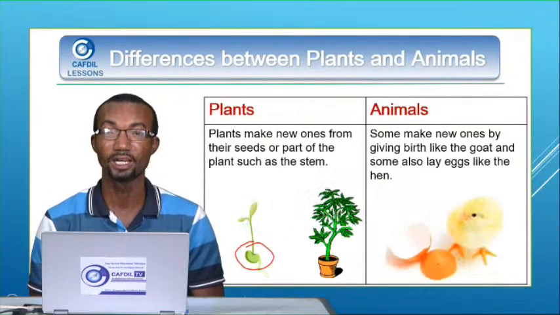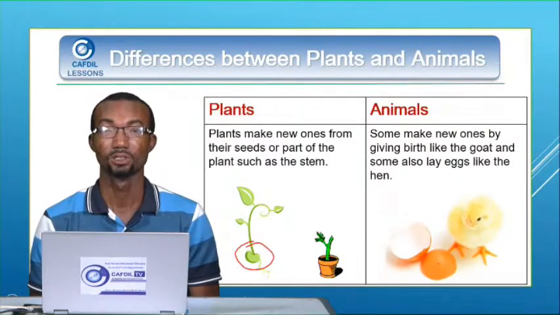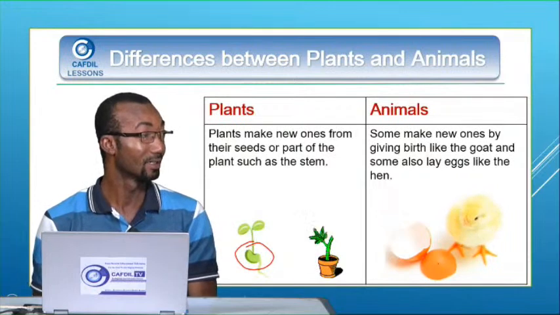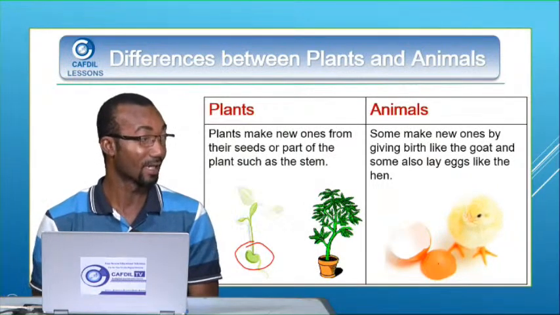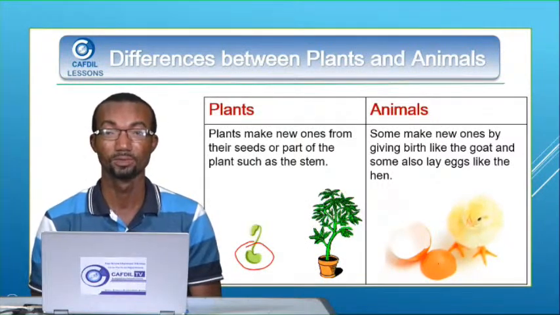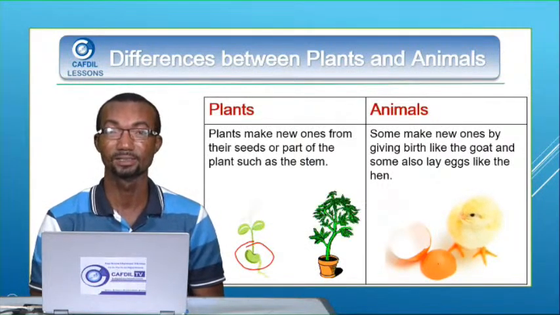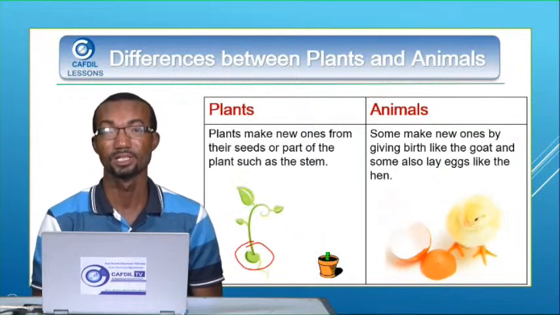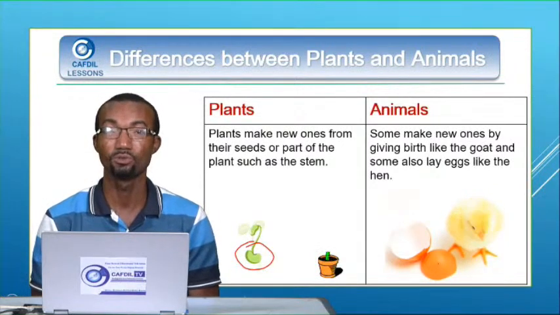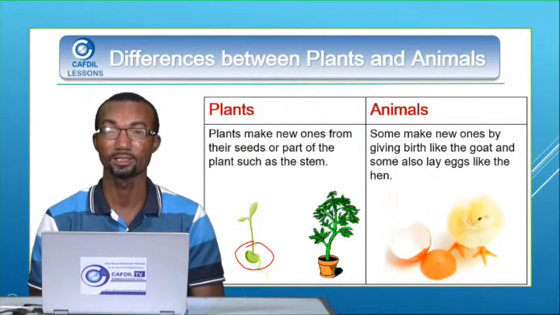Some also lay eggs. So if you see on the screen, you see that the chick came from the egg. As you see, the chick came from the egg. So as some get pregnant and then give birth, some also lay eggs and then they hatch their new ones from the eggs.